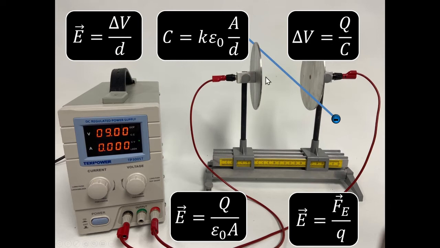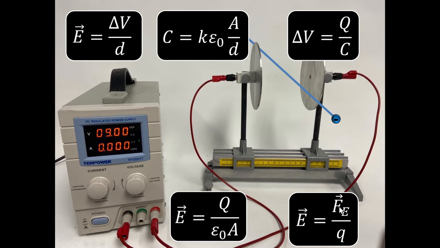So by separating these two things and keeping 9 volts on there, there's actually less charge on those plates than there was when they were close. You didn't need as much charge to get the same amount of voltage. Well, less charge is going to be a weaker electric field, and a weaker electric field multiplied by the charge of this electron would be less force.